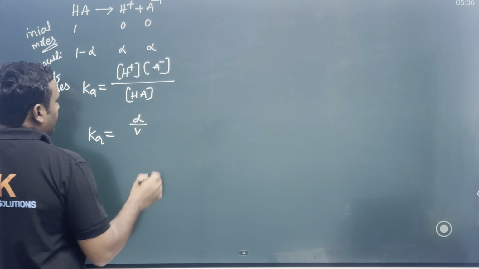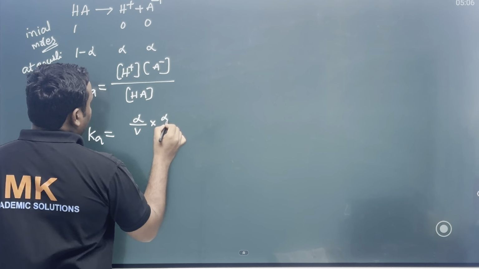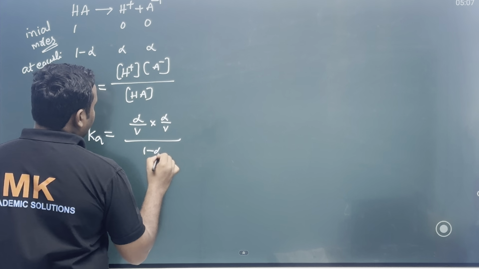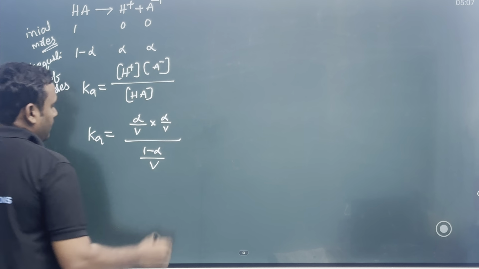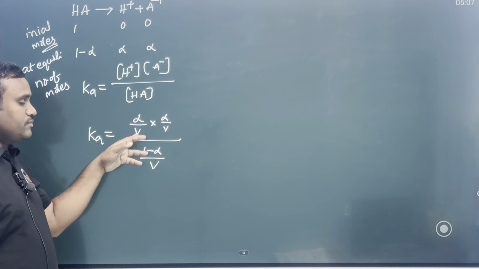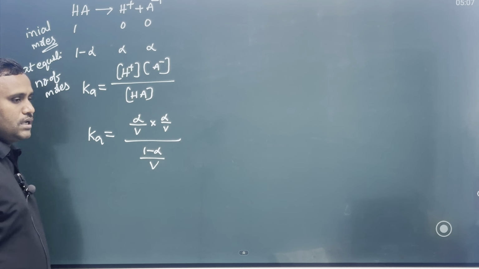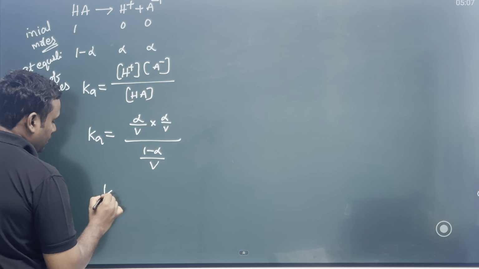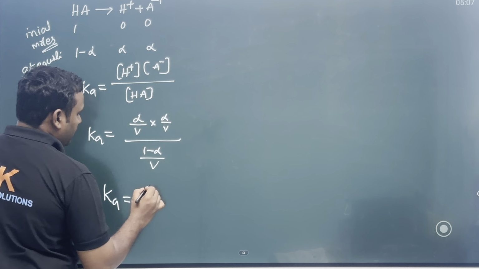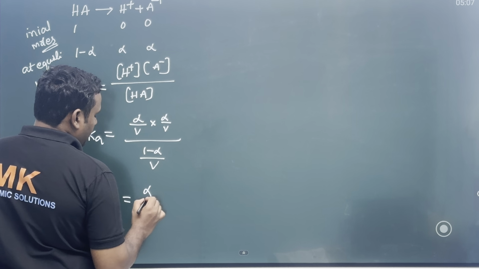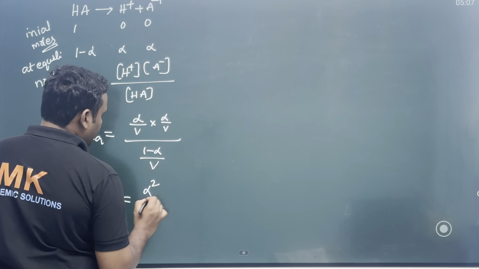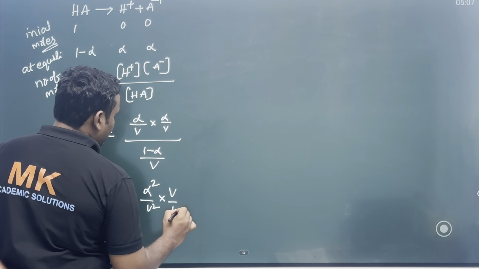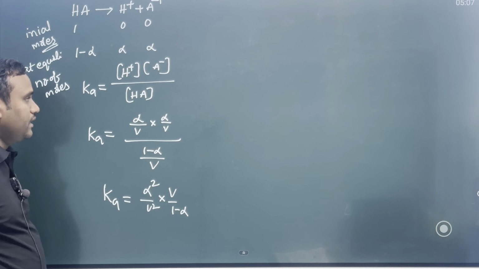Alpha by V into alpha by V by 1 minus alpha by V. Therefore, Ka is equal to alpha square by V square into V by 1 minus alpha.